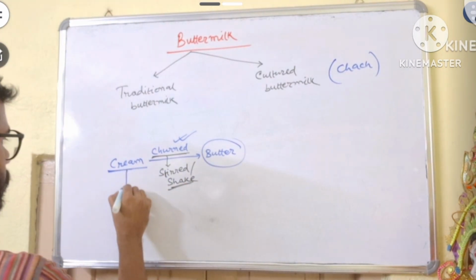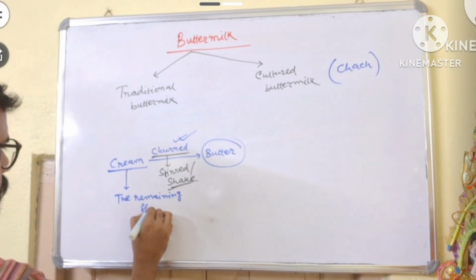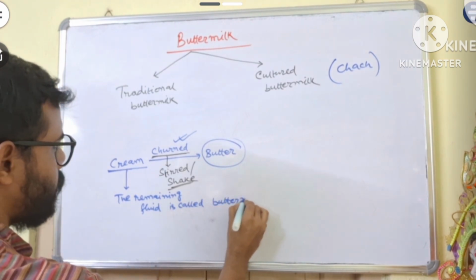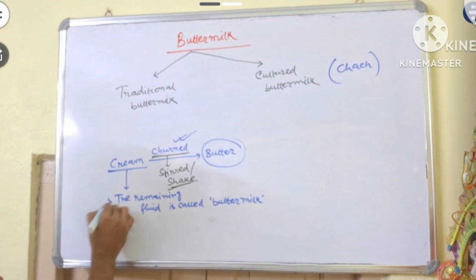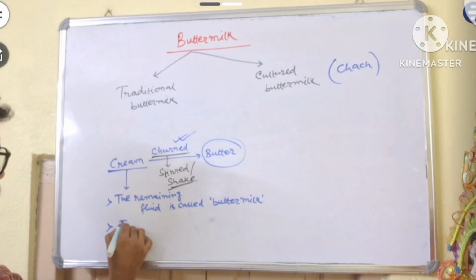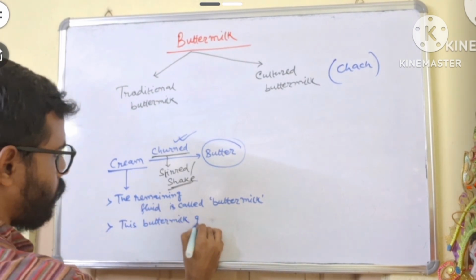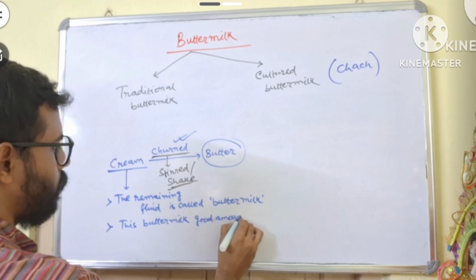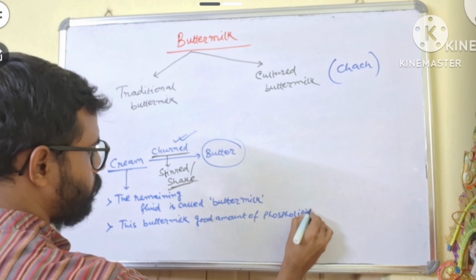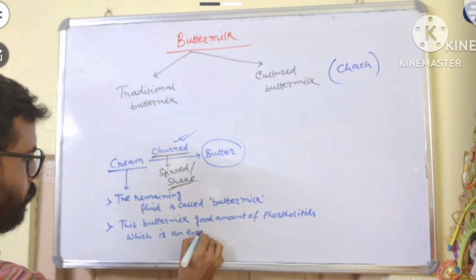The remaining fluid is called buttermilk, and this buttermilk contains a good amount of phospholipid, which is an emulsifier.